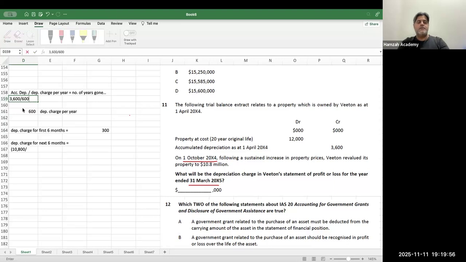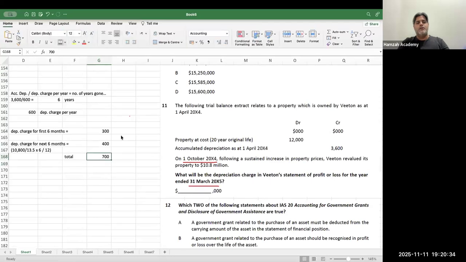Accumulated depreciation 3,600 by 600 is 6 years. So 6 years have gone, and the remaining life is 14 years. 6 months have gone as well, so this is going to be 13.5 multiplied by 6 by 12, right? So 10,800 by 13.5 multiplied by 6 by 12 over here. So that's going to be 400. So the total is going to be 700 over here, right?